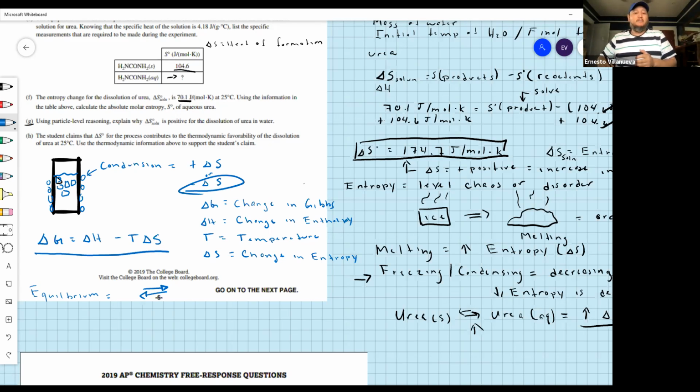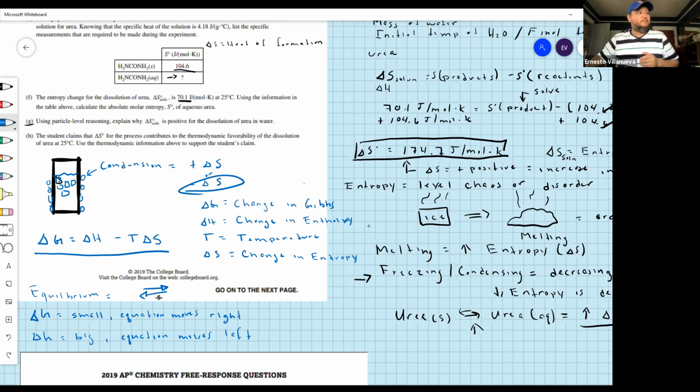If delta G is small, then the equation moves to the right. If delta G is big, then the equation moves to the left. You don't have to do a calculation.